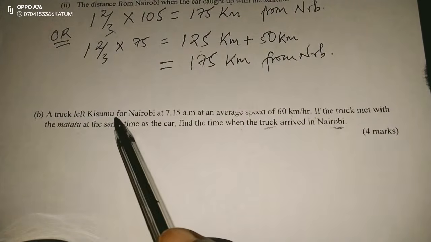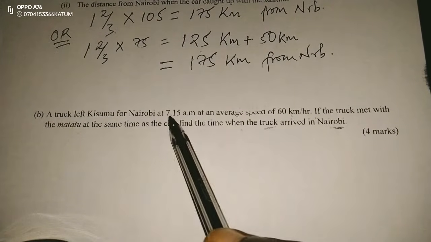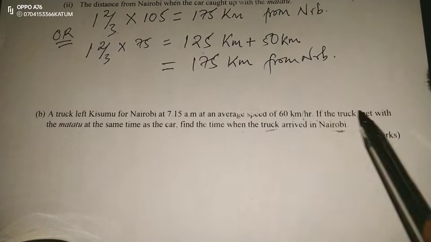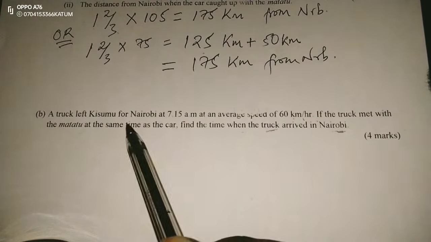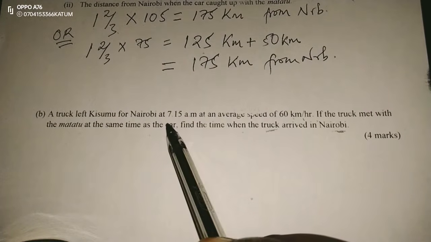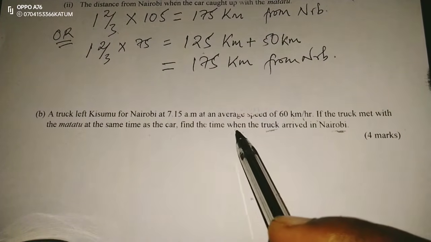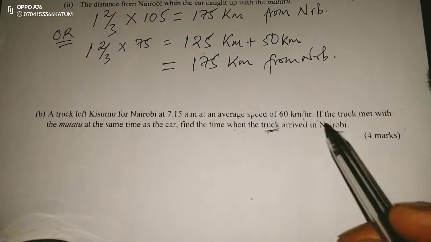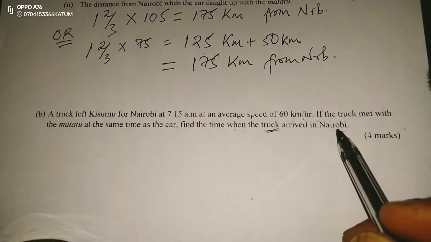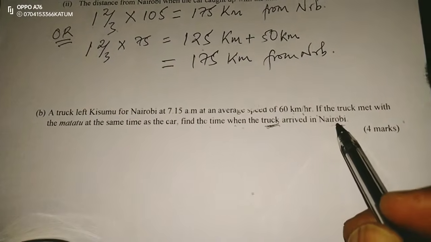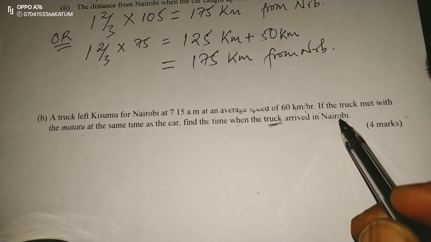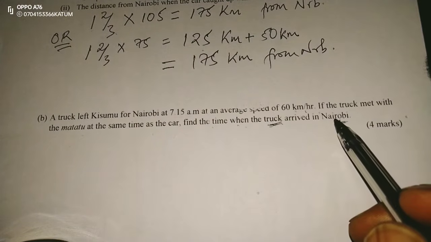Now we can get back to the question again and see what we are being told. That a truck left Kisumu for Nairobi at 7:15 at an average speed of 60 kilometers per hour. Then the truck met with the matatu at the same time as the car. Find the time when the truck arrived in Nairobi. So what we should calculate here is the time the truck will travel more beyond what it has traveled.